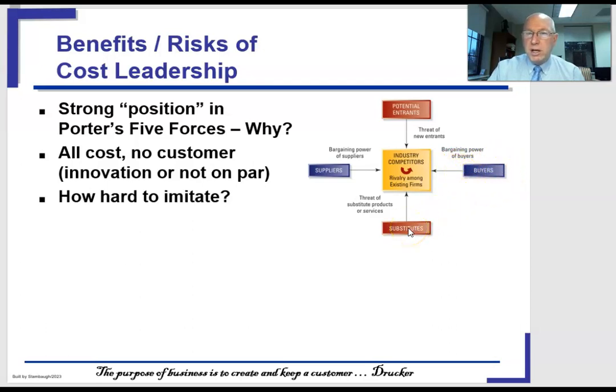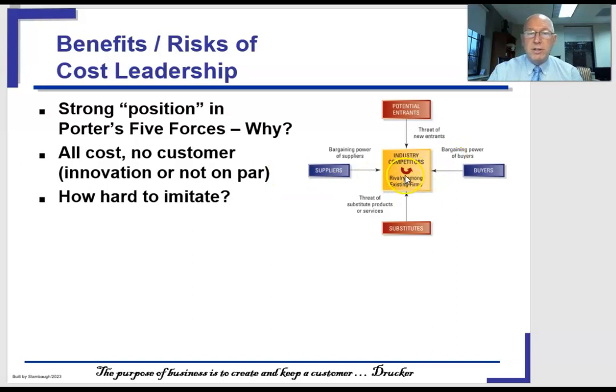Substitutes, you press them because you can cut the price lower, and if they can't match that, likewise for potential entrants. You have such an efficient value chain that it is hard for them to come in and compete with you on cost. They almost always are going to have to come in and compete on a differentiation basis. And as far as suppliers go, relative to your industry competitors, you're a little more protected against aggressive suppliers, because if suppliers try to increase the prices of what they're charging you, you can better absorb that price increase than can your competitors.